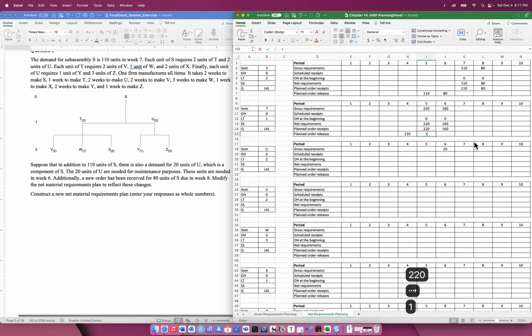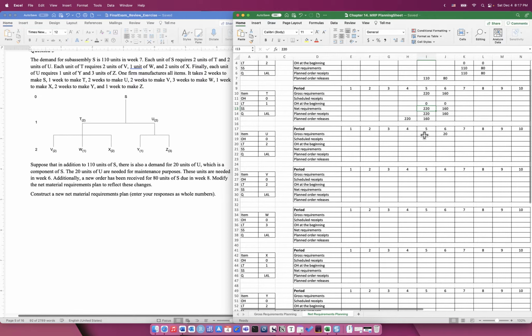You're beginning the production or the purchase 1 week prior, so that after 1 week it's going to be delivered this week, so that you're receiving it and can fulfill that toward your net requirement.